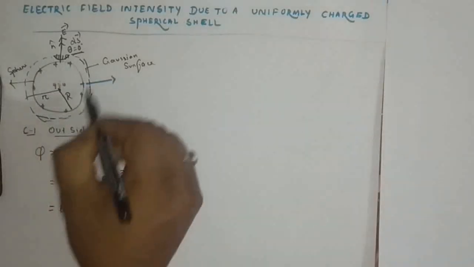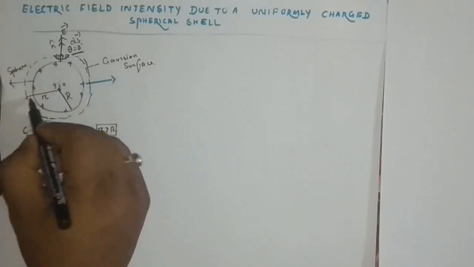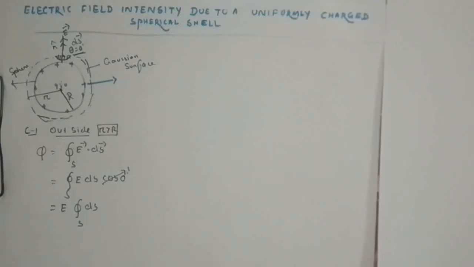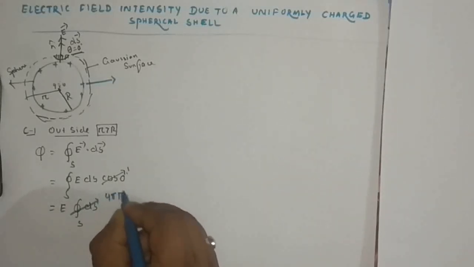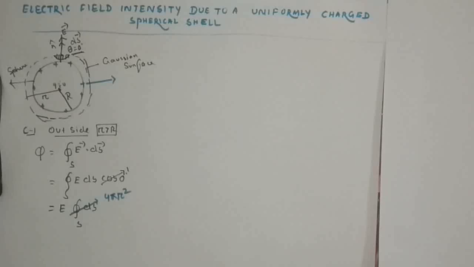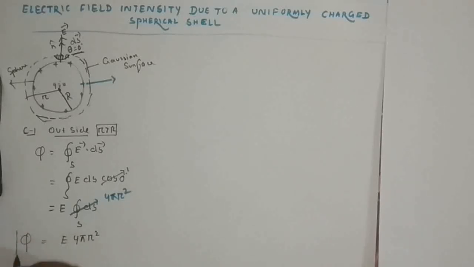Now, the surface integral. For this case, I took the Gaussian surface at a distance r from the center. So what is its value? Surface area 4 pi r square. So I got flux equal to E into 4 pi r square.